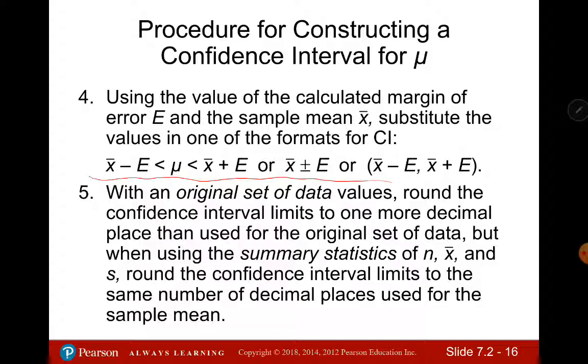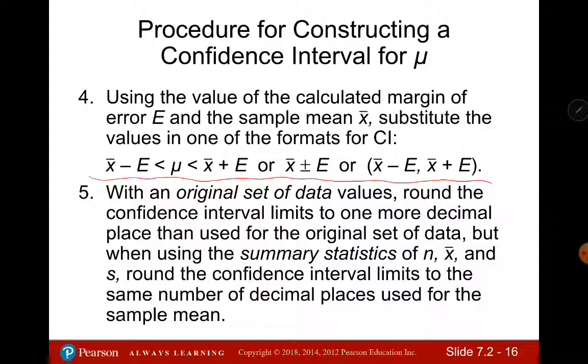After that, we can list our confidence interval into this form. It's just the same format as the previous one, p-hat. Point estimate minus margin of error. Point estimate plus margin of error. This time the point estimate is x bar.